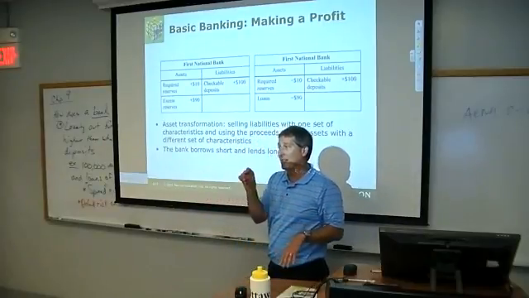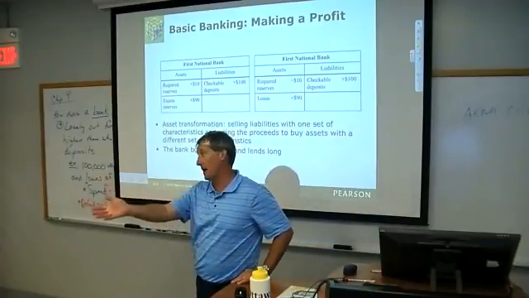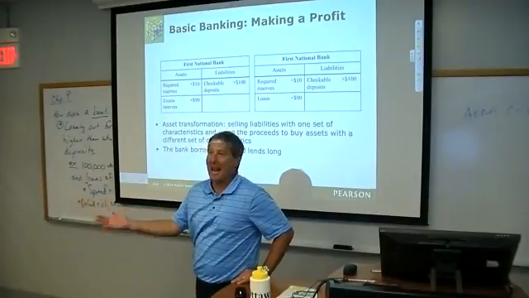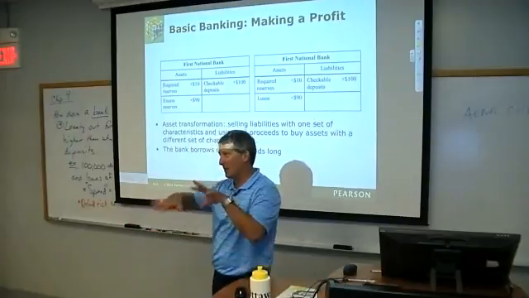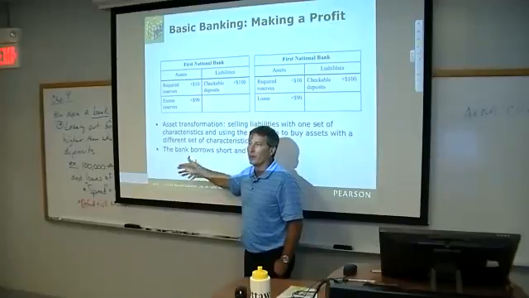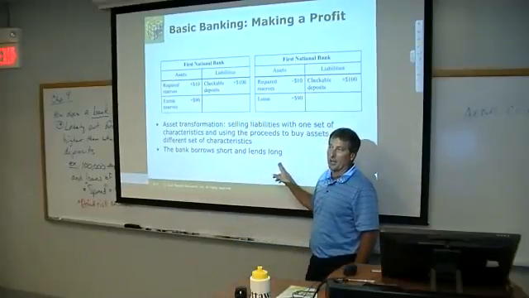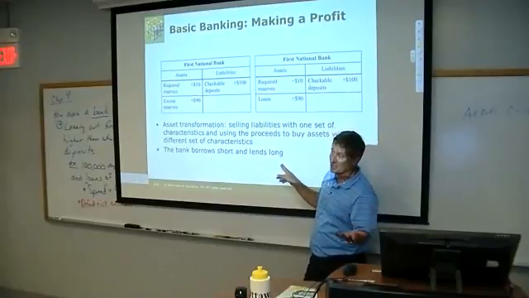No, not T-bills. That's not where they're borrowing from. They're borrowing from the depositors, right? And can that depositor go and get their money anytime they want? Yeah, so that's a pretty short loan. They're borrowing on a very short term, but then they're sending money out the door on a car loan, 5 years. Mortgage, 15 to 30 years potentially.